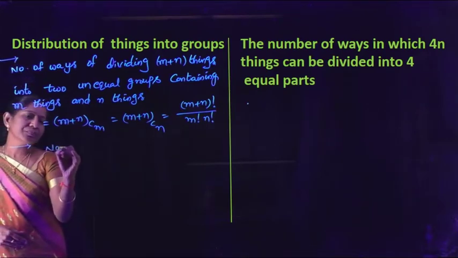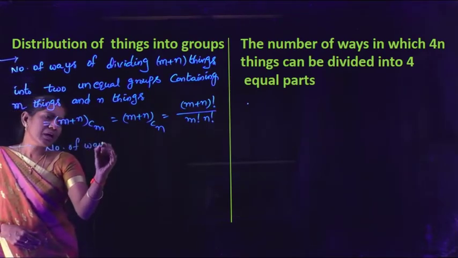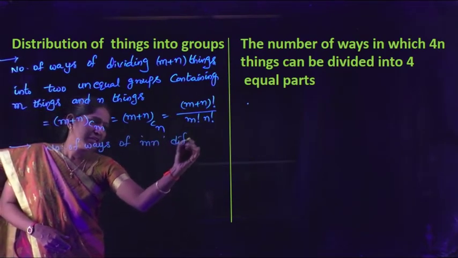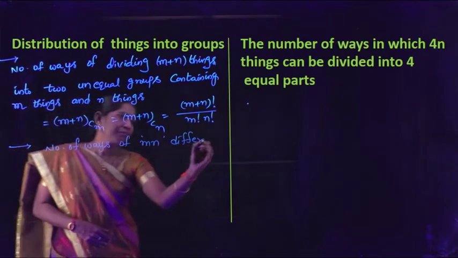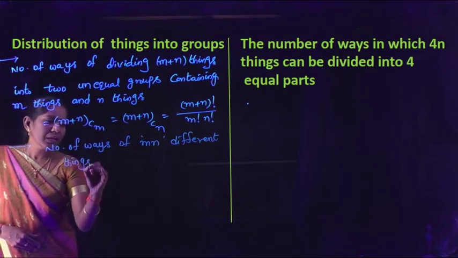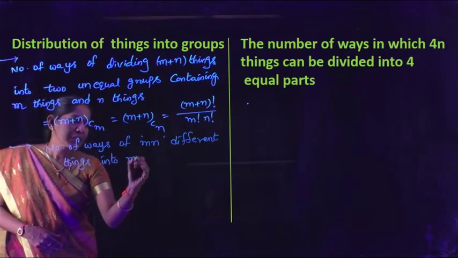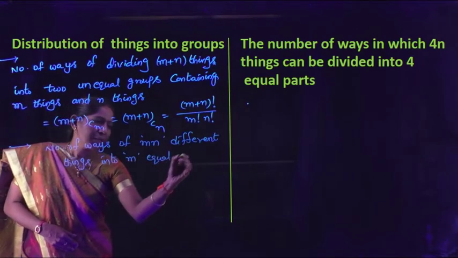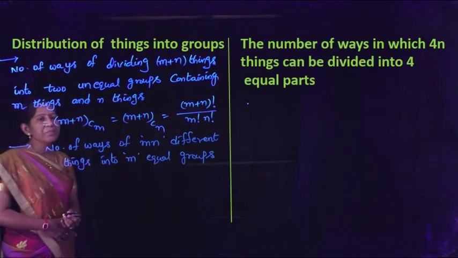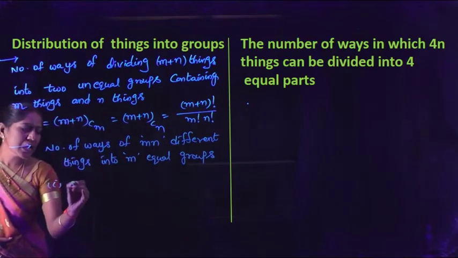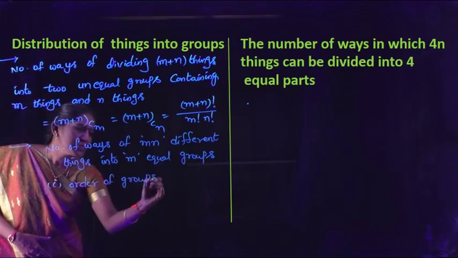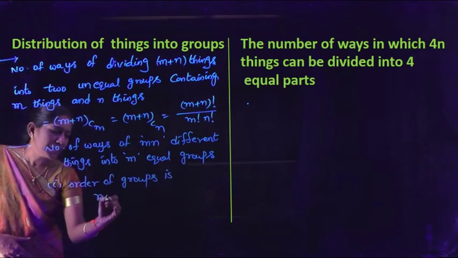Number of ways of dividing mn different things into m equal groups. First one is when order of groups is not important.